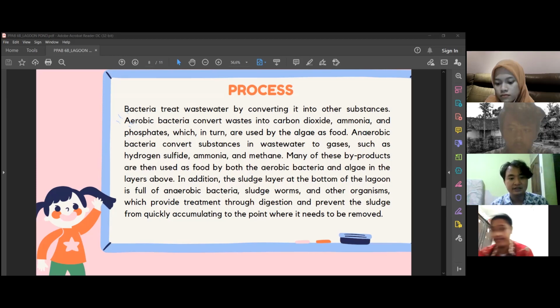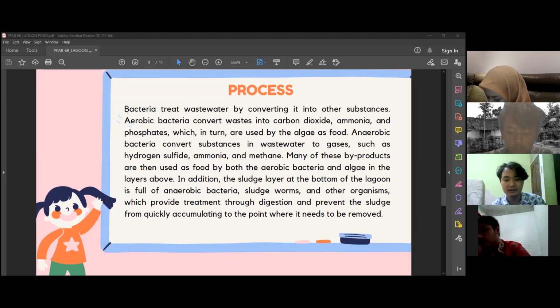The process is bacteria treat wastewater by converting it into other substances. Aerobic bacteria convert waste into carbon dioxide, ammonia, and phosphate, which in turn are used by the algae as food. Anaerobic bacteria convert substances in wastewater to gases such as hydrogen sulfide, ammonia, and methane.